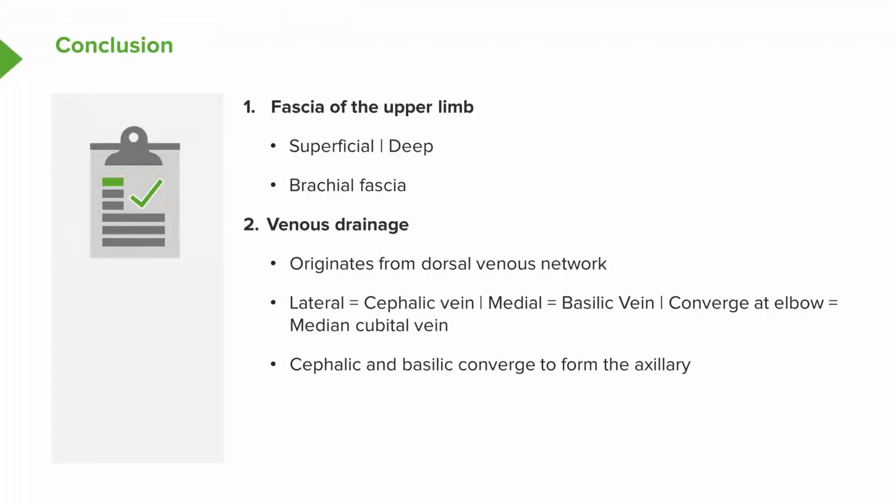We've looked at the superficial and deep fascia of the upper limb, specifically the brachial fascia. We've then looked at venous drainage, which is originating from the dorsal venous network, and laterally the cephalic vein, medially the basilic vein, and how they converge at the elbow to form the median cubital vein.